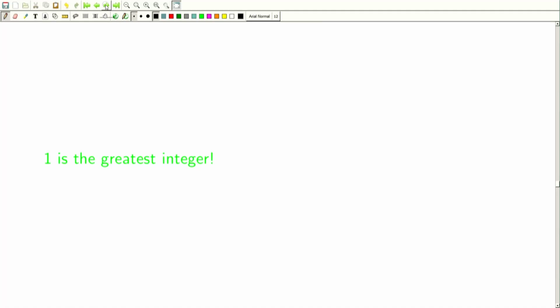Now even the criticism can be well understood in this simple example. One is the greatest integer. I can prove that, let n naught be the largest integer. Here we are assuming that this curve has the maximum area, then I am proving that this curve is a circle.